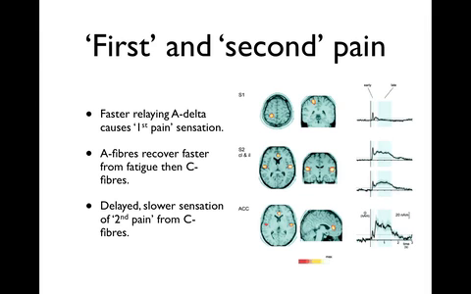So we're getting a picture whereby the slower build-up of the C fibers is much more about the emotional aspect and a homeostatic role of pain perception rather than just local discrimination.